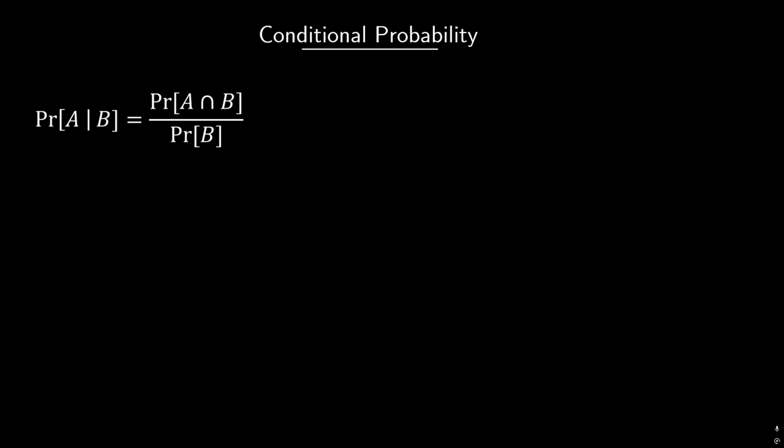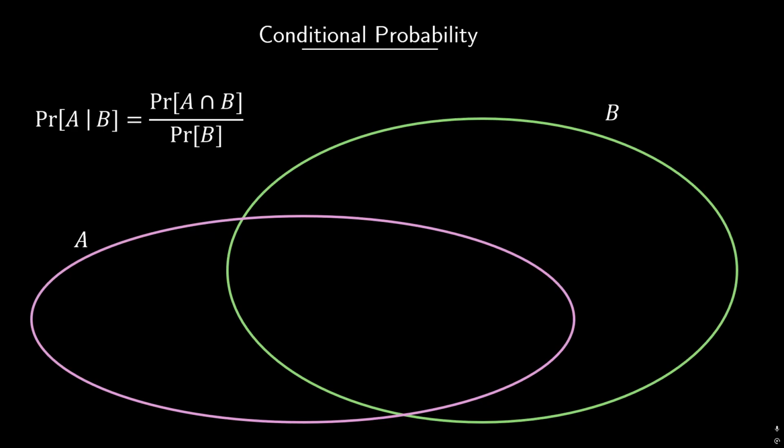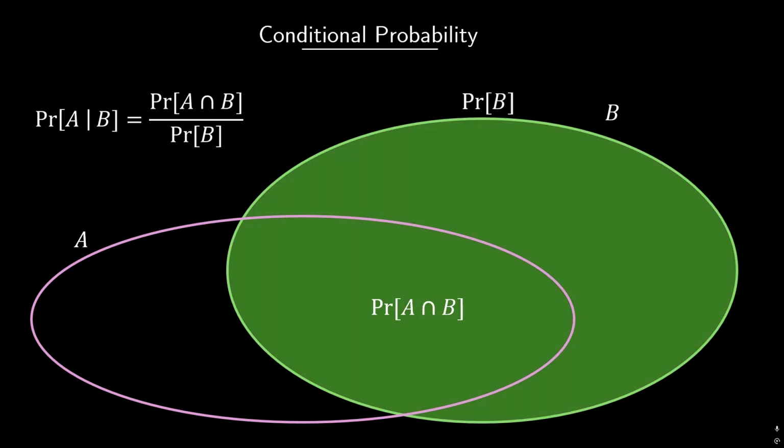Okay, so that's kind of how this formula works. And if you want some visual intuition, let me draw two sets for you. So here's the idea. The probability of A intersect B is really the probability of the events in the A intersect B region. And the probability of B is basically the probability of the events that happen in the B region.